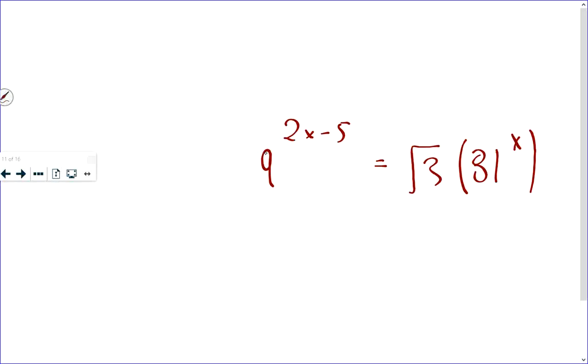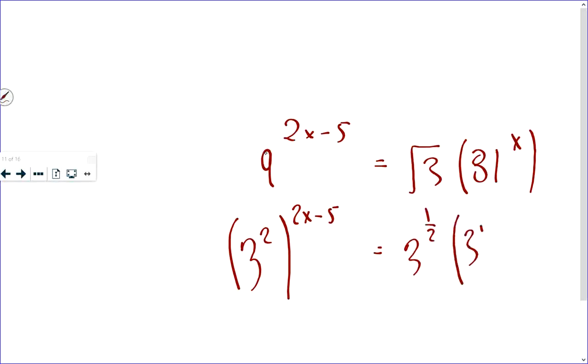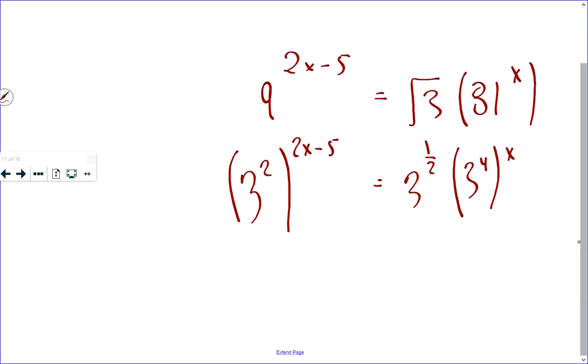The idea here is that you write this as 3 squared. This is raised to the 2x minus 5. You write the 3 as a root, as 3 to the half. You write the 81 as 3 to the 4. And then you bring together all of the exponents on each side. So, for example, we're going to have 3 to the 2 times 2x minus 5, because that's what you do with the power of a power.